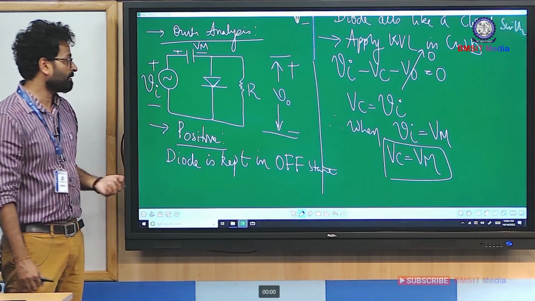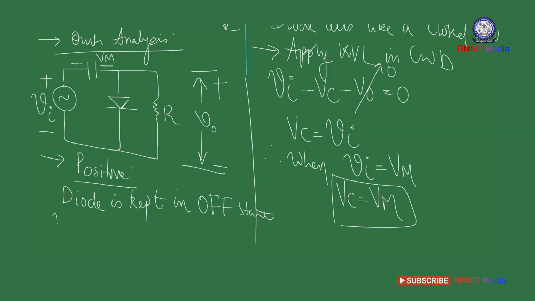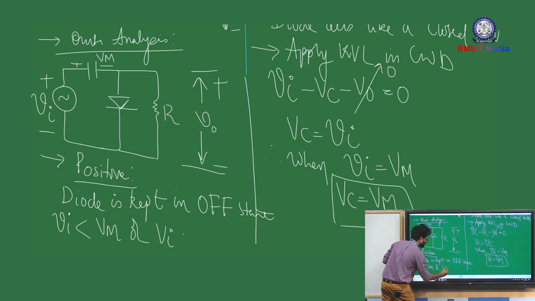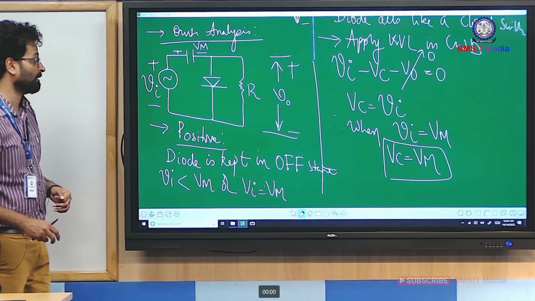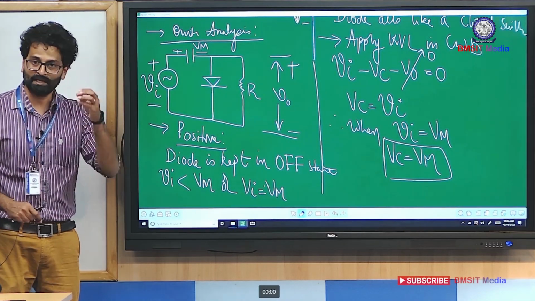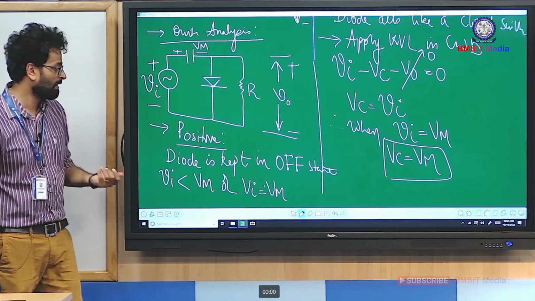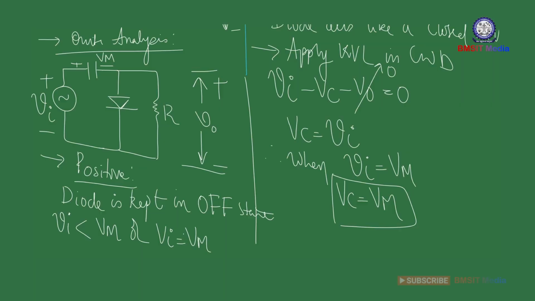Now, let's say Vi is less than Vm, or Vi is equal to Vm. The input can be less than Vm because there can be instantaneous values lower than the maximum, or at the maximum the input can be equal to Vm.